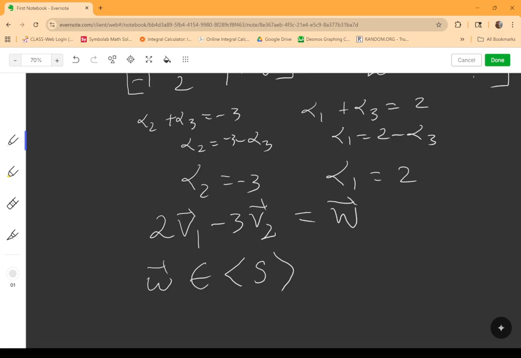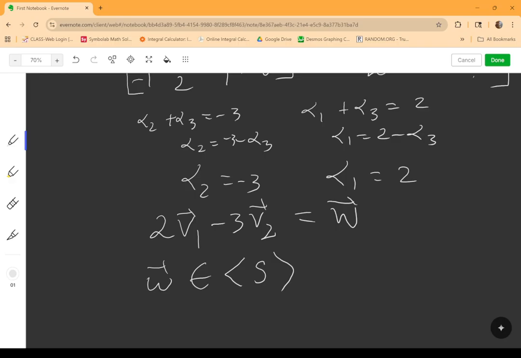If it yields a consistent system, then I know it's in the span. Either it's a unique solution or an infinite solution, in which case you can set the parameters to whatever you'd like to determine a possible linear combination. And if the system is inconsistent, then it is not part of the span.